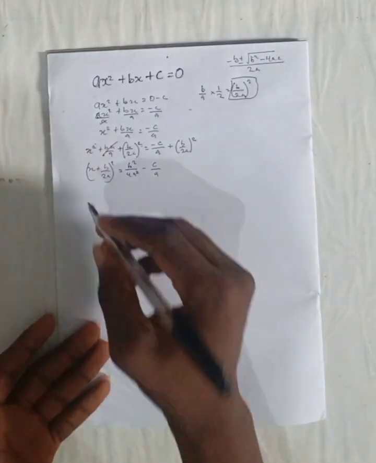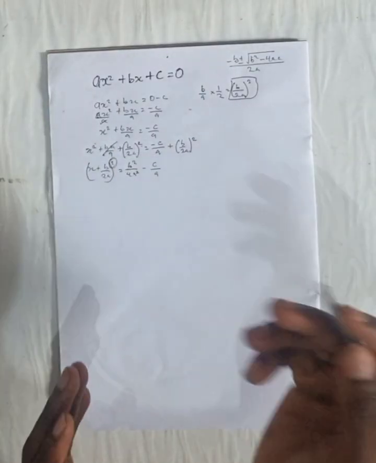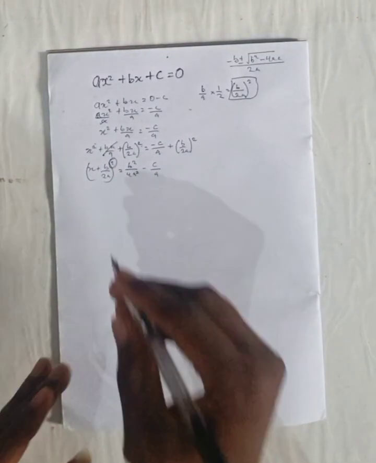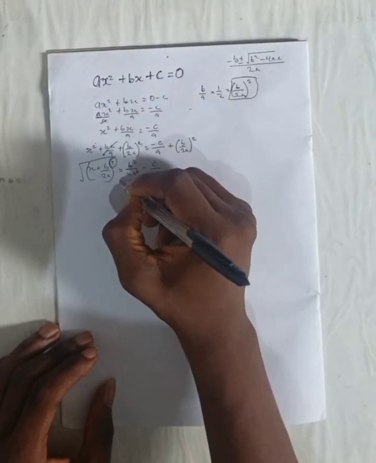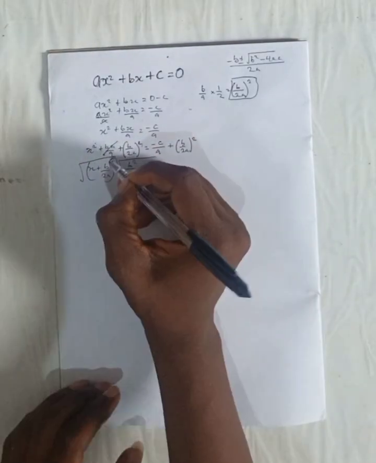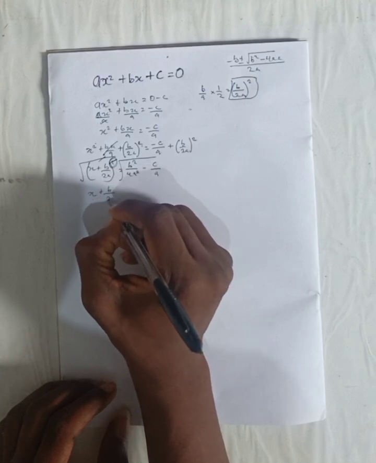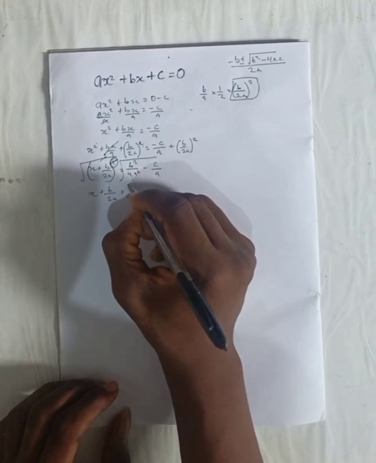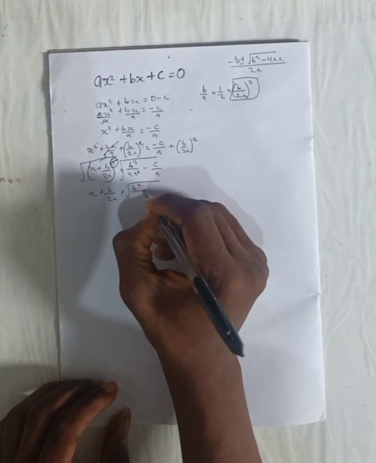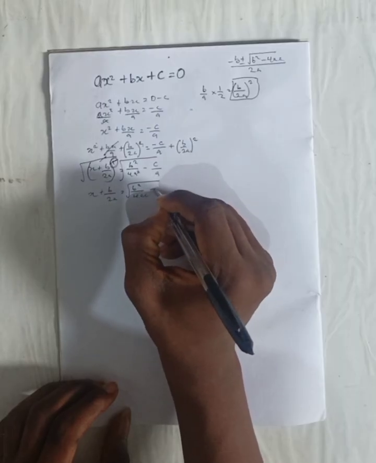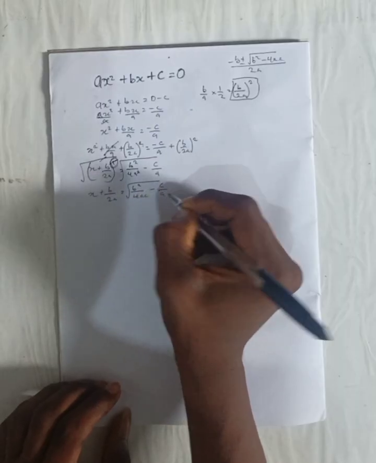What we're going to do next is to get this square out of here. And to get that out, we have to take the square root of both sides. So if you square root both sides, the square and the square root are gone. We have x plus b over 2a equals the square root of b squared over 4a squared minus c over a.